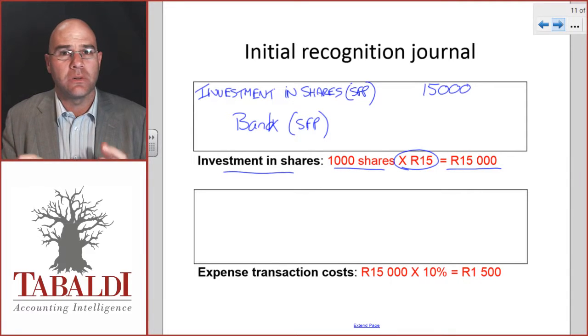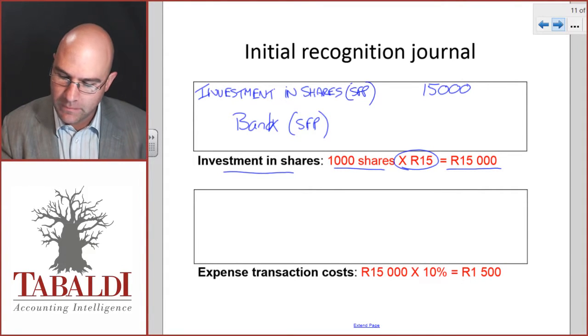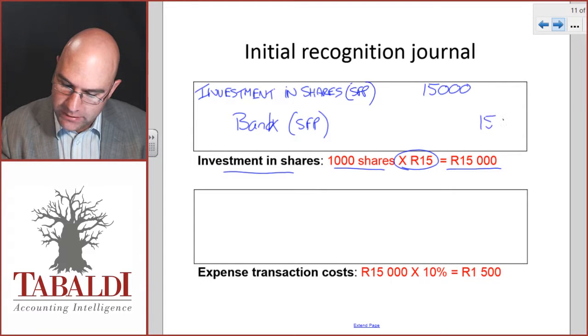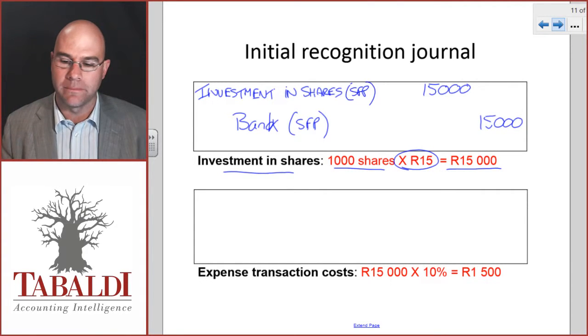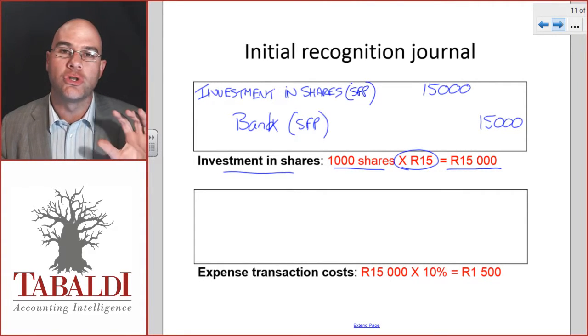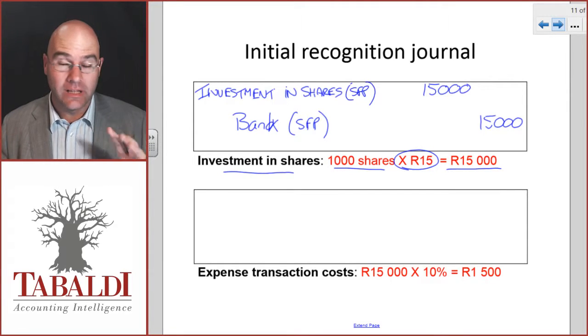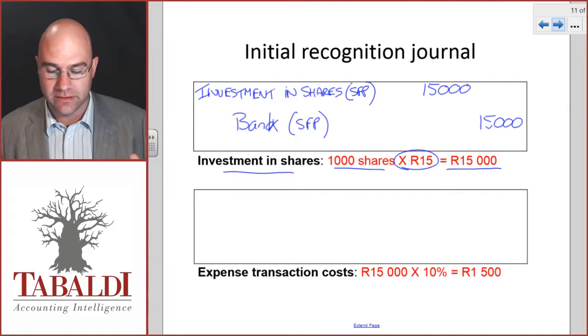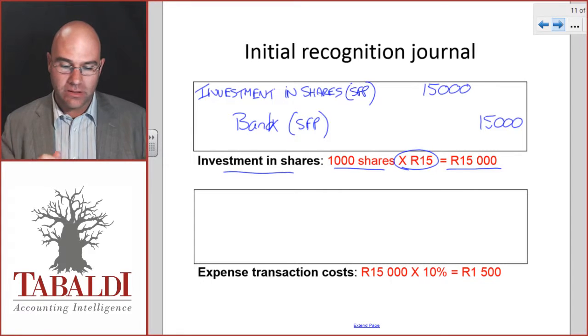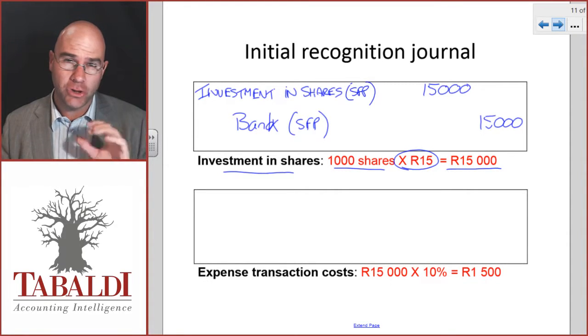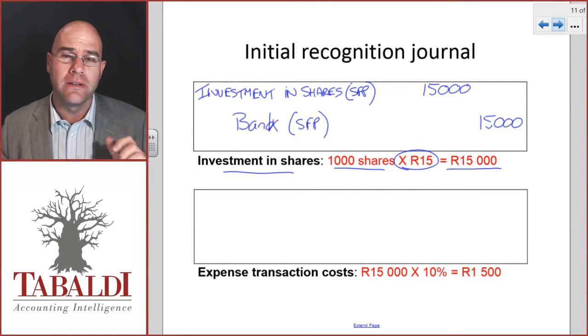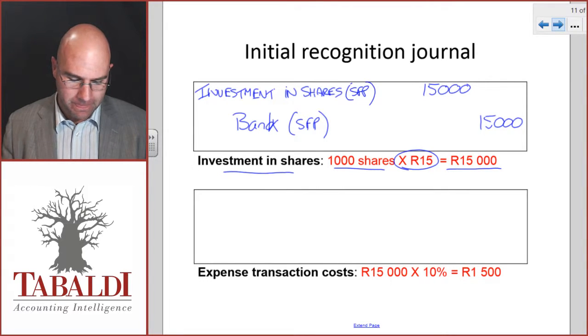I like to do that because it will be required in second and third year. And we then credit bank. We make bank smaller. Remember, these are journals, not T accounts. These will get posted to T accounts and the ledger. So that's debit investment in shares, credit bank. You should know how to do a basic journal from FAC 1502.